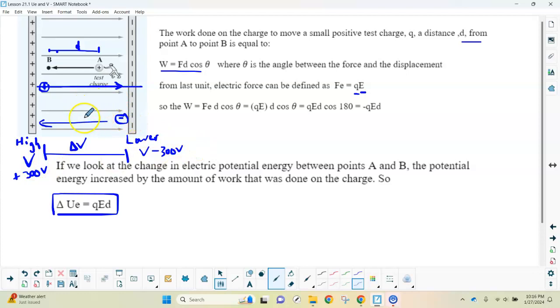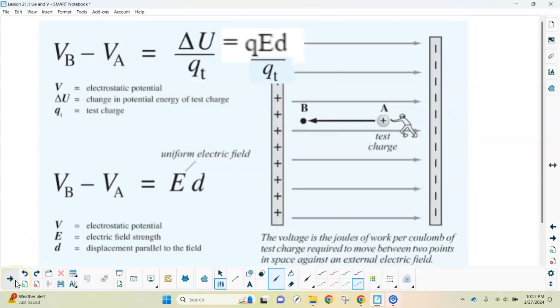If we went from the negative to the positive, it would be gaining 600 volts, because it's like where you start to where you finish again. So potential difference, or change in voltage, is the final voltage minus the initial. So it again depends on which place you're starting and which place you are finishing.